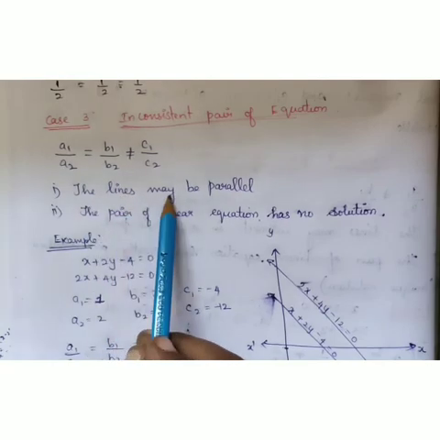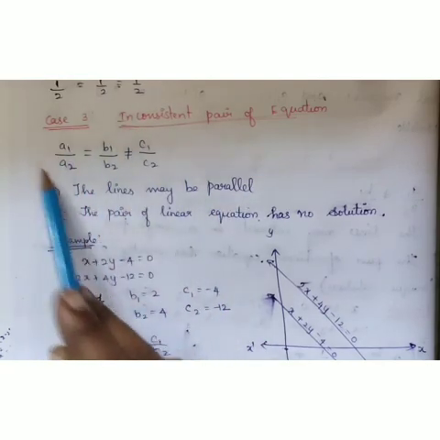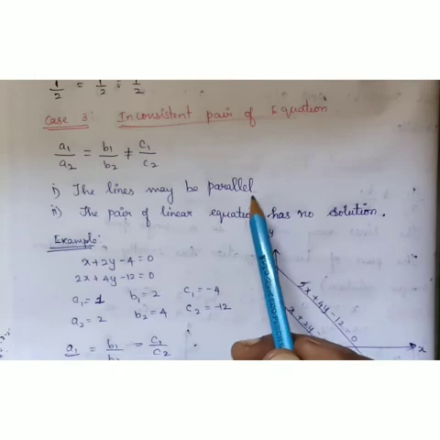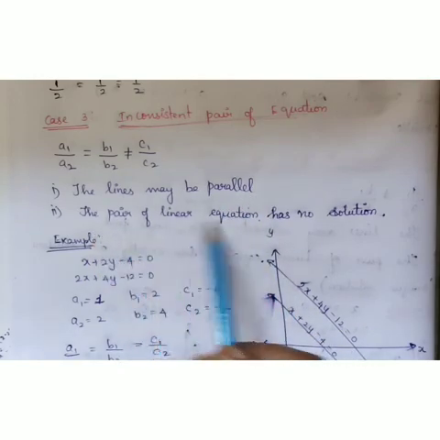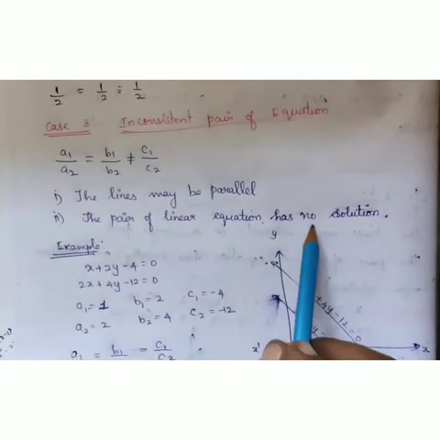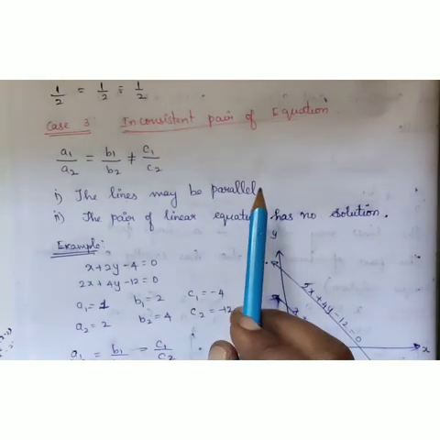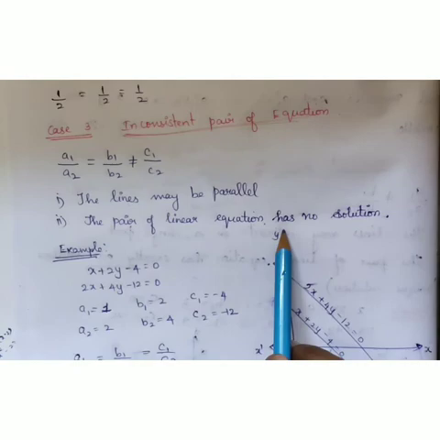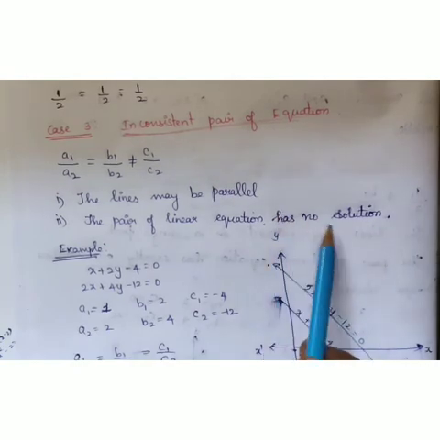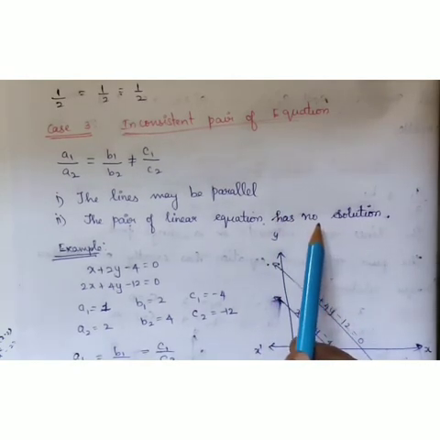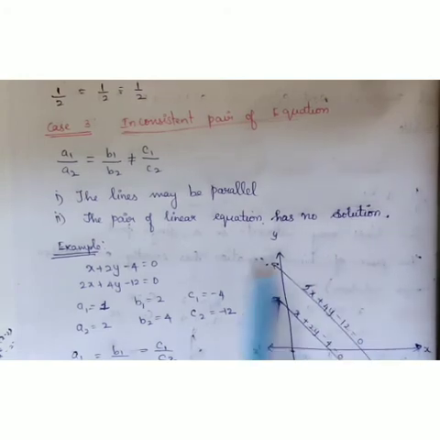The lines must be parallel. In this case, the two lines are parallel lines. The pair of linear equations has no solution. If these two lines are parallel and do not intersect at any point, then there is no solution.